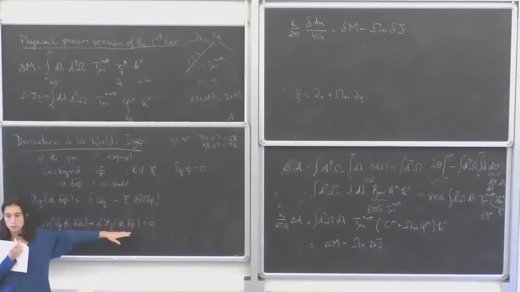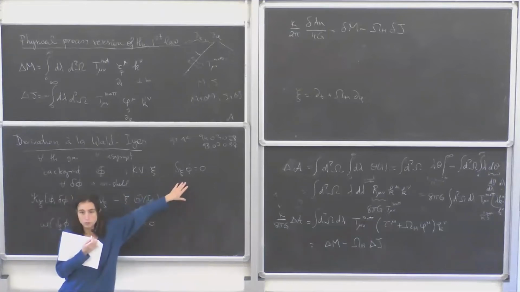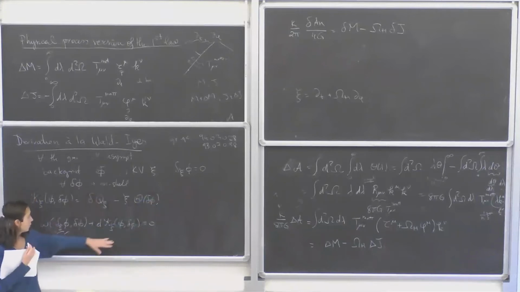Therefore, k is closed, and that leads to conservation. We either had asymptotic conservation when this was just an asymptotic Killing vector, so omega would just go to 0 at infinity, but would not in general be 0. Or if it's an exact Killing vector, which is our assumption over here, omega is 0 everywhere. Therefore, delta k is closed.